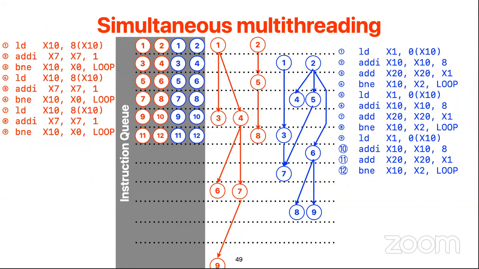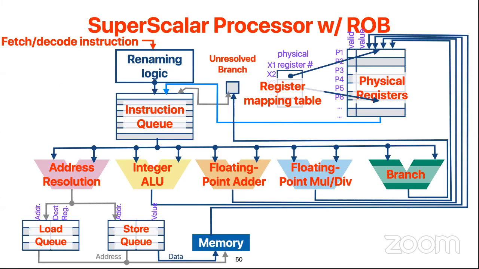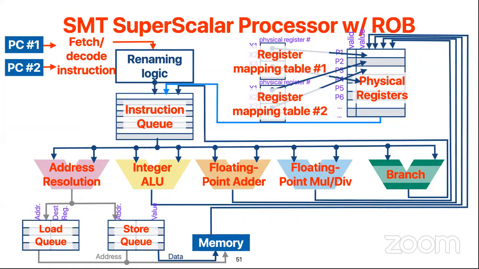Look at that. The cost of simultaneous multithreading is actually not that high. This is the superscalar pipeline that we just had. For simultaneous multithreading, you just need to double your fetch unit. Actually, you probably don't need to double your fetch unit if you want to share it. All you need is two sets of program counters, so you know the progress of each program. Then the fetch and decode unit and the instruction cache are all shared.